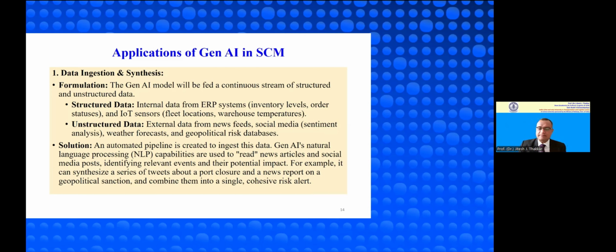Unstructured data may come from external sources, such as news feeds or social media sentiment analysis, weather forecasts, geopolitical risk databases, and so on. So broadly, the solution that I can think about at this stage is that an automated pipeline is created to ingest this data.